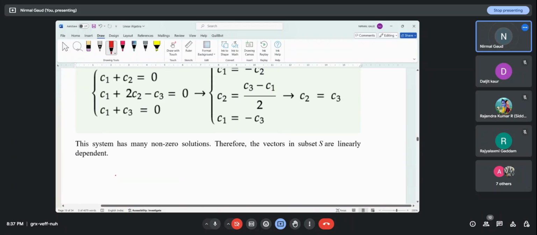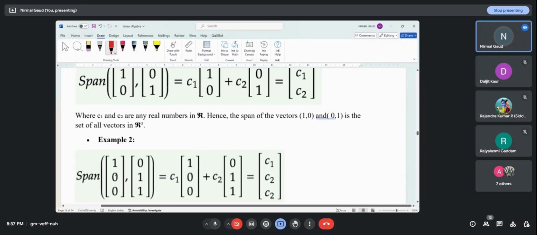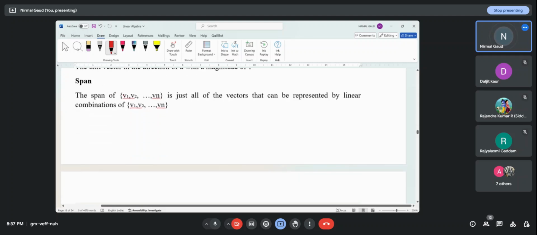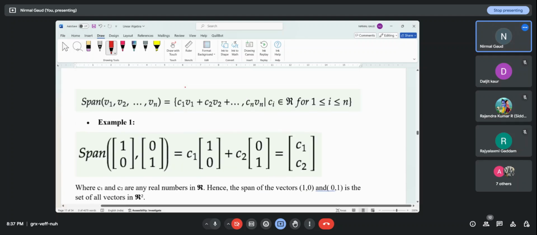Okay, and so many examples I showed you in the previous class. This is the simple definition of a span. And then here I took an example. I need to talk about the span of v1, v2, so I can find the values of c1, c2 that can be used to represent them.